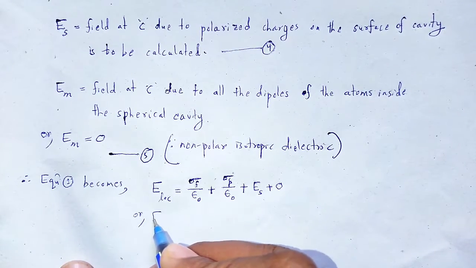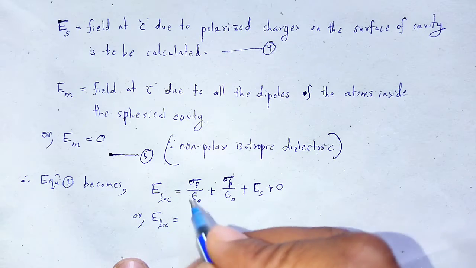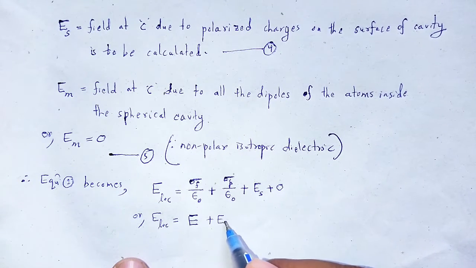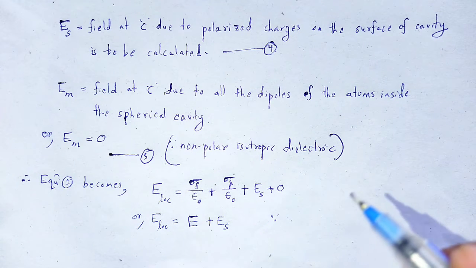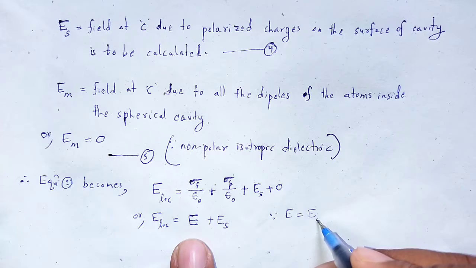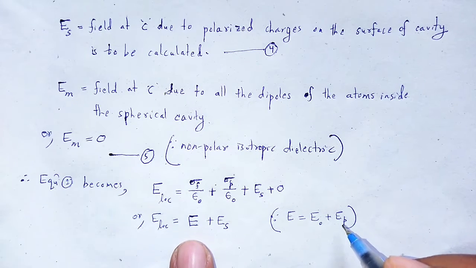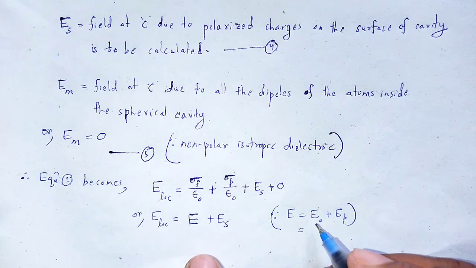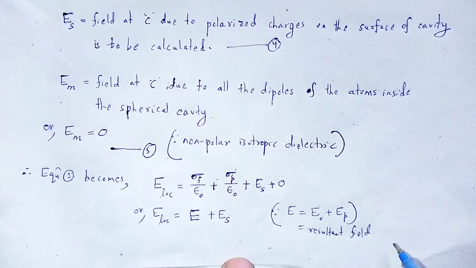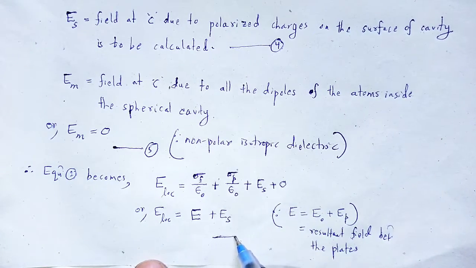Therefore, E local is equal to sigma f plus sigma p divided by epsilon naught, this 2 term creates a new electric field term, that is E, plus Es, where that E is nothing but E naught plus Ep, external electric field plus electric field due to polarization, that is the resultant field between the plates. Which is equation number 5.